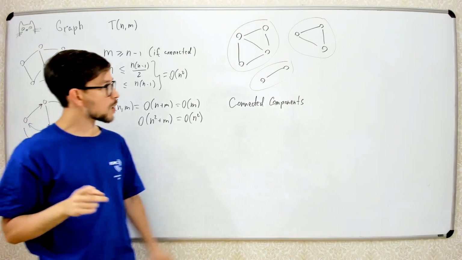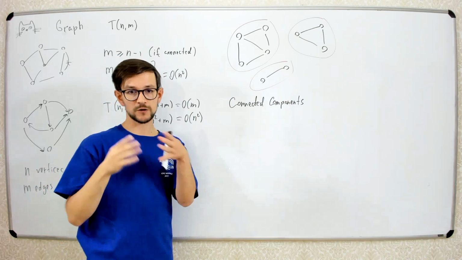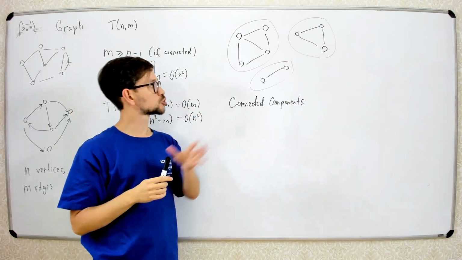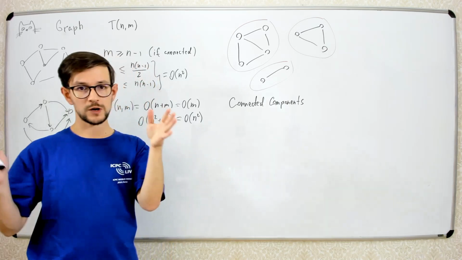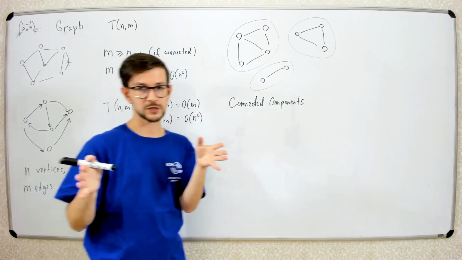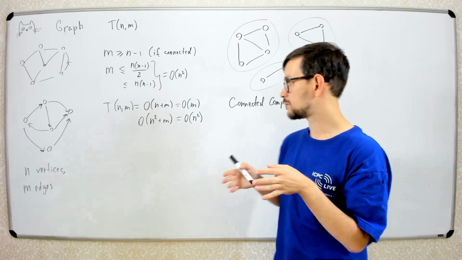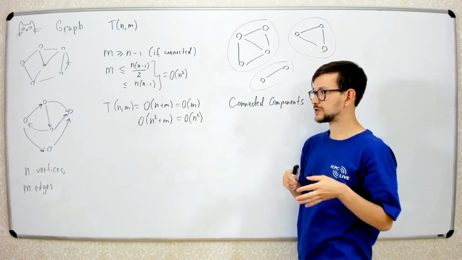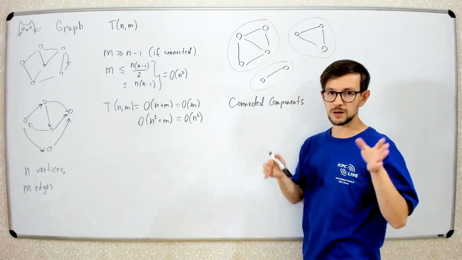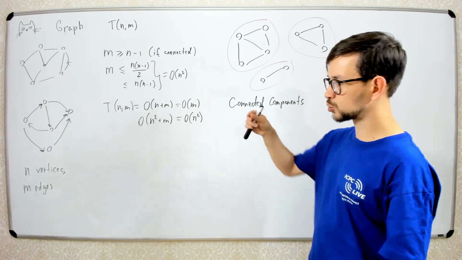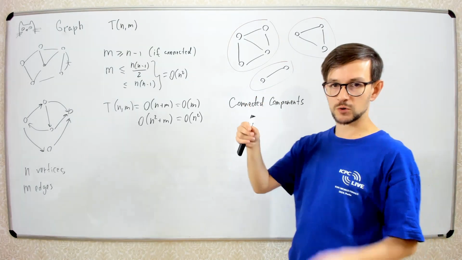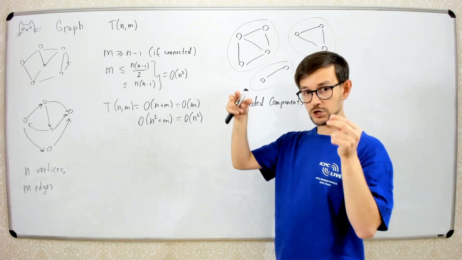Now, how will I store the graph before we start the algorithm? Let's talk about how to store graphs in your program. There are basically 2 important ways to store graphs in a program. The first way is pretty simple. You just make a matrix n by n, and for each edge you put 1 in the cell which corresponds to your edge.